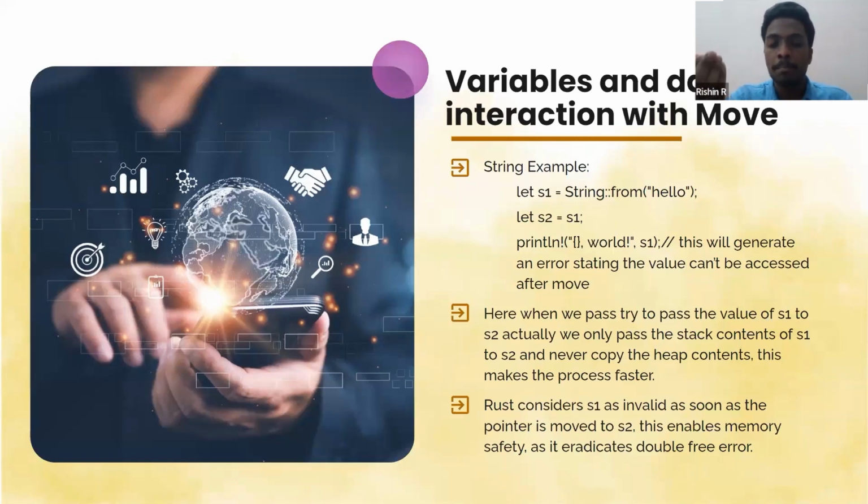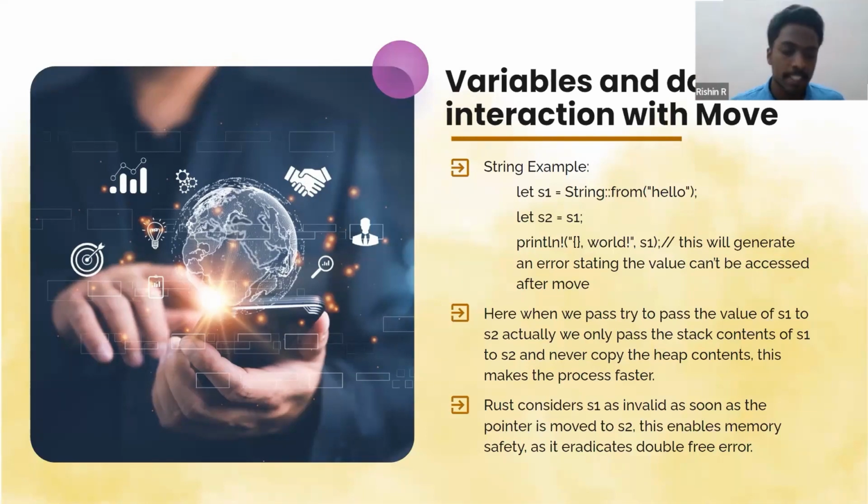Once you copy the pointer of the string hello from s1 and place it in s2, the issue is s1 no longer has control over hello. It is always with s2. And that is a shallow copy, and Rust does not do deep copy by default.